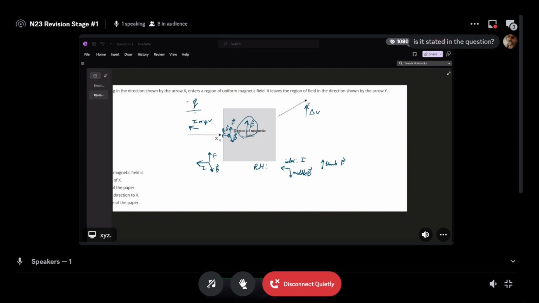In your data booklet, it's magnetic effects of electric currents. But I think these hand rules, honestly, they're in the SL section of textbooks normally, so it should be good.